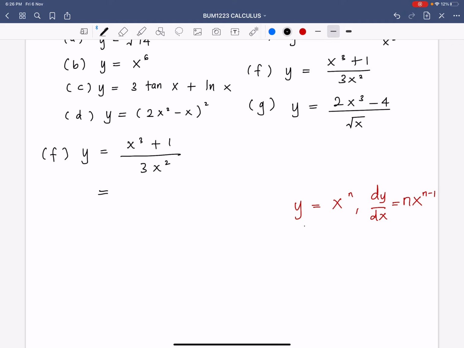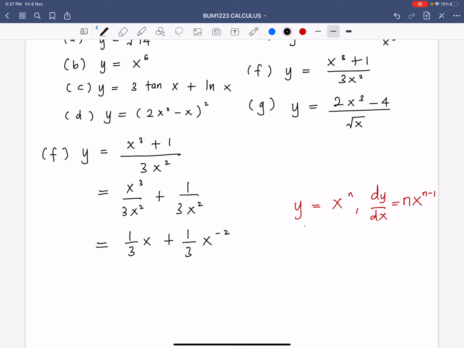We can rewrite this function as x cubed over 3x squared plus 1 over 3x squared, and this can be further rewritten as 1 over 3x plus 1 over 3 x power of negative 2.